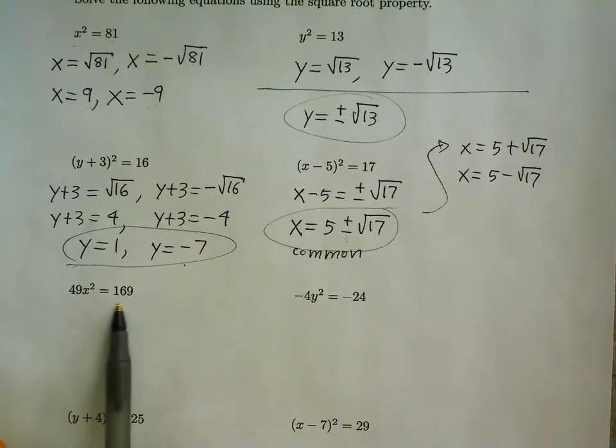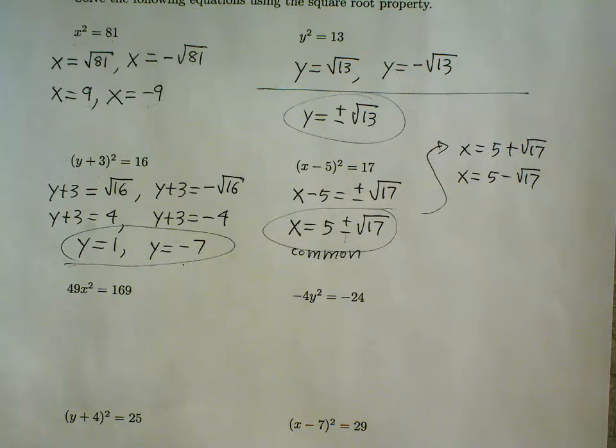The next equation, 49x squared equals 169. On this one, you might want to do a preliminary step before applying the square root property.